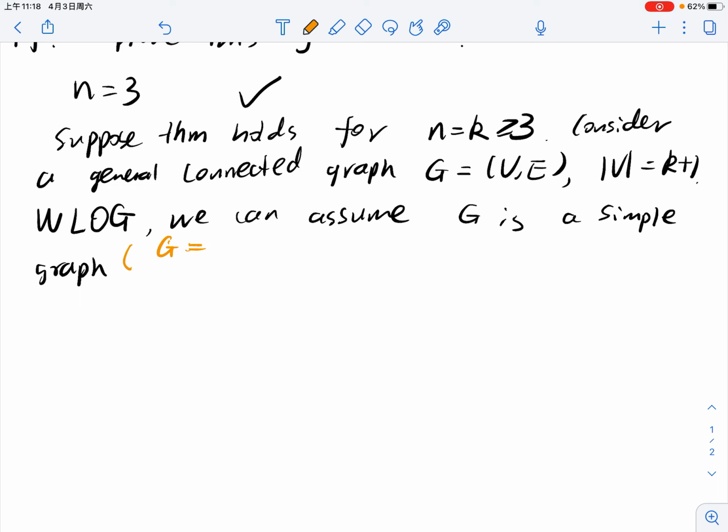Just like we discussed last time, you map G to G prime, which has the same vertex set, and for the edge set, you just change the multiplicity of each edge to 1.